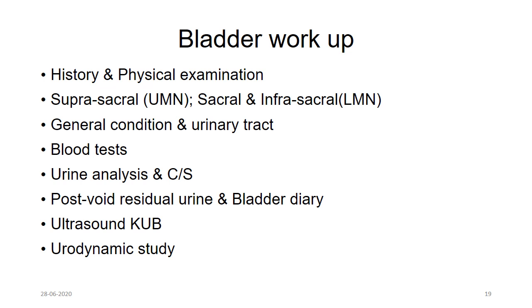Blood urea and serum creatinine to assess the renal status. And liver function test to assess the protein level. Fasting lipid profile and serum electrolytes also should be examined. And to rule out infections, we have to do a urine analysis and culture of the midstream sample of urine.